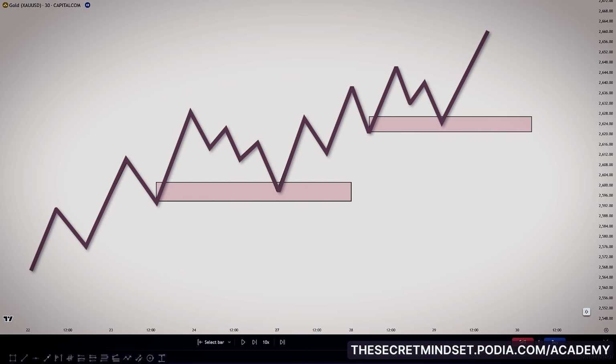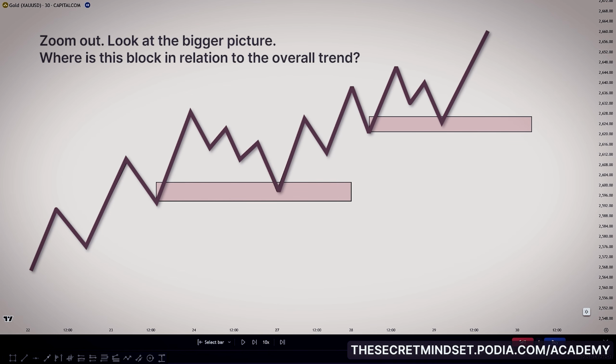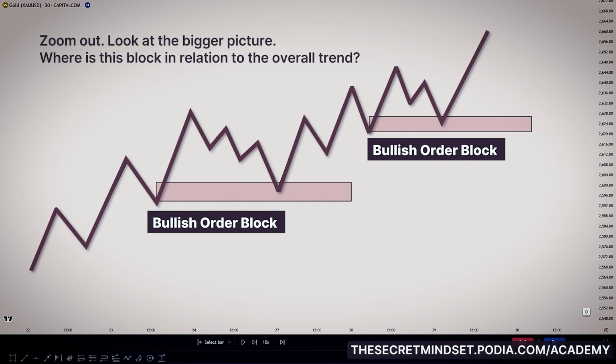When you spot an order block, don't just focus on that single level. Zoom out. Look at the bigger picture. Where is this block in relation to the overall trend? If it's going with the trend, it might be a continuation signal. Price could bounce off it and keep moving in the same direction. But if it's against the trend, it could be setting up for a reversal.